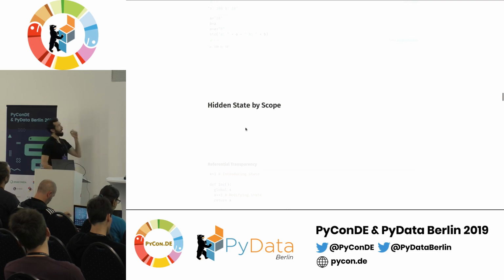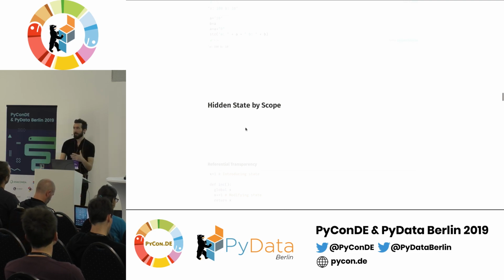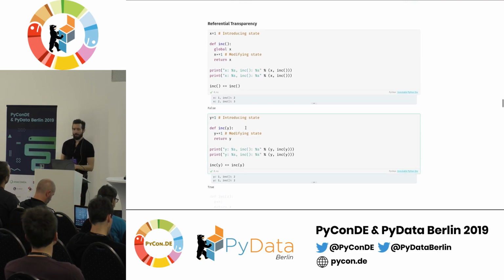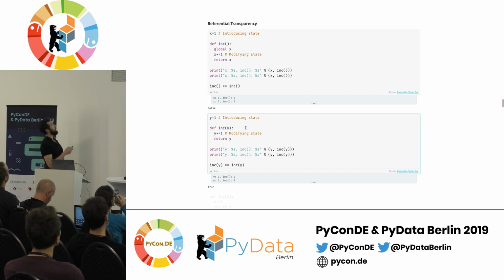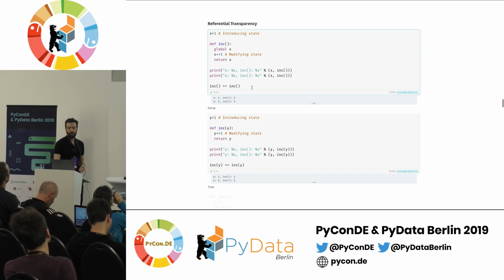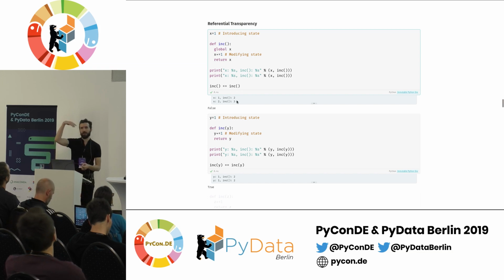But before we get there, we have one other thing to talk about with hidden state in Python, and that's about scope. Most of this should all be familiar to this room. I have state in a global place, and then within a function, I update that state, and then when I run that function twice, of course, I get two different outputs because it's updating the state in the global variable.